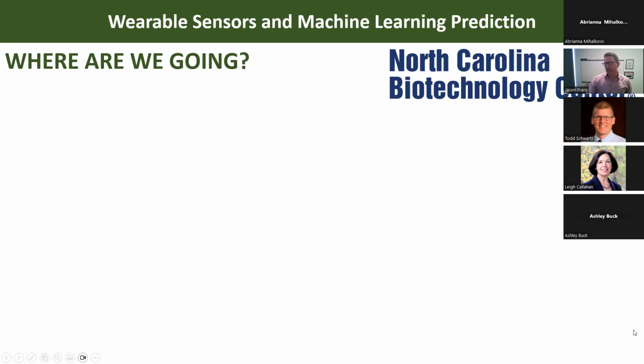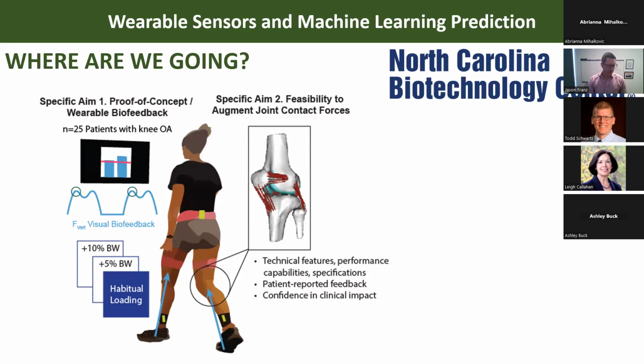Where are we going with that? Well, we just recently secured funding from the North Carolina Biotechnology Center to start steering the biofeedback with the real-time machine learning models and the wearable sensors to see if those are effective at allowing us to modulate gait biomechanics, and then coupling that with a lot of the modeling and simulation I've already shown you to demonstrate that when we do so, we can also steer local joint mechanics into what we would deem to be healthier patterns of loading.